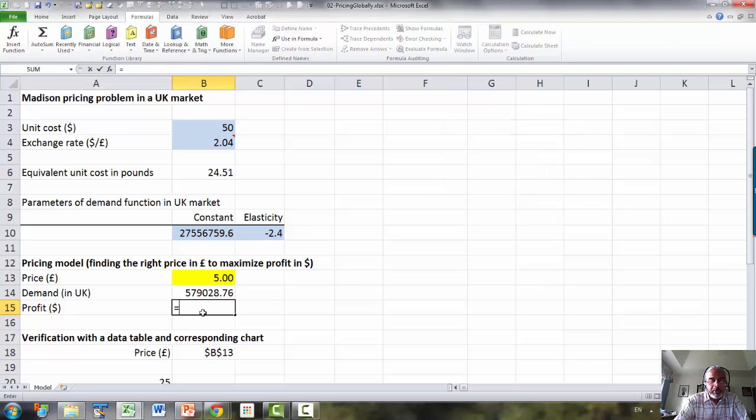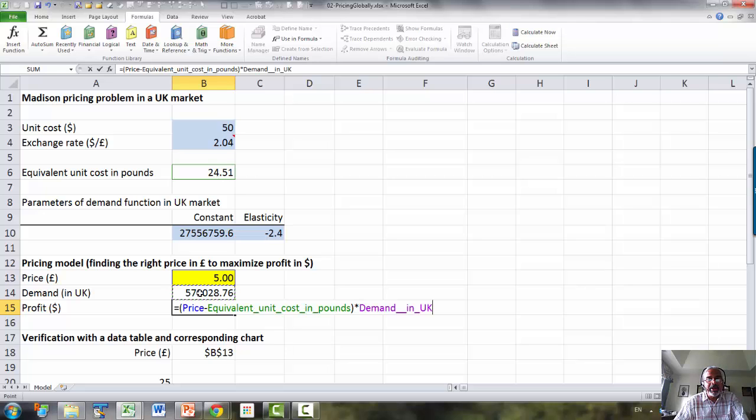Okay, so now the profit is price, which is in pounds. So we need to subtract the cost, which should also be in pounds. Now if you multiply that with the demand, so this will give us profit in pounds. But what we want is profit in dollars, so multiply by the conversion rates.